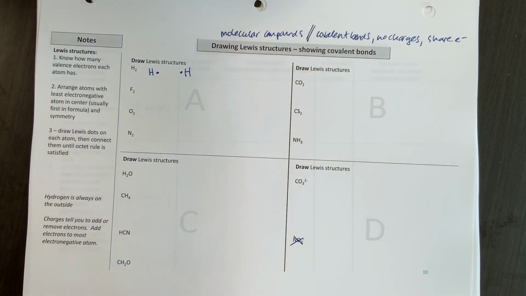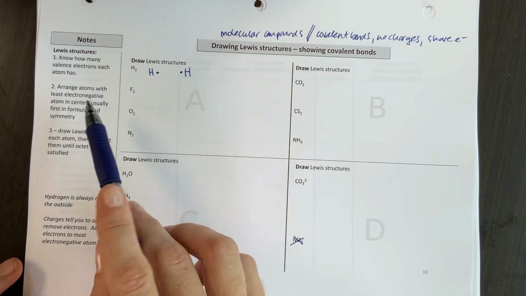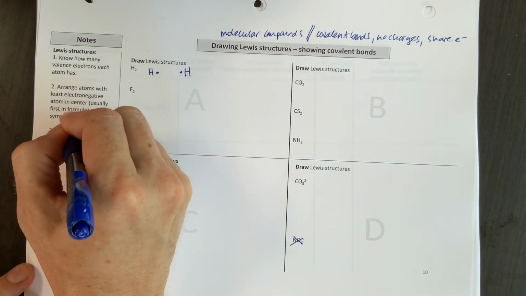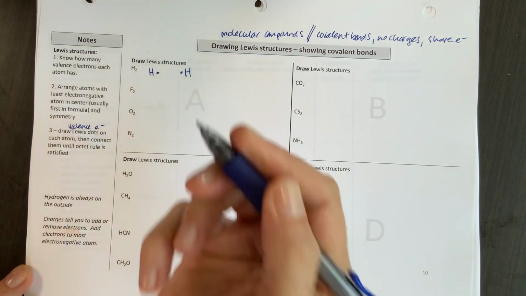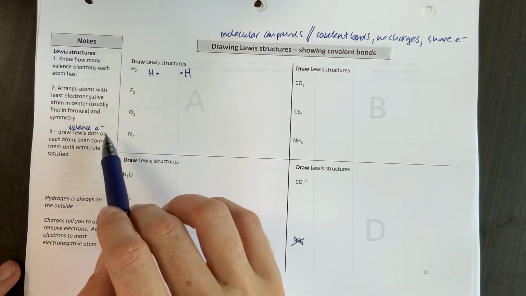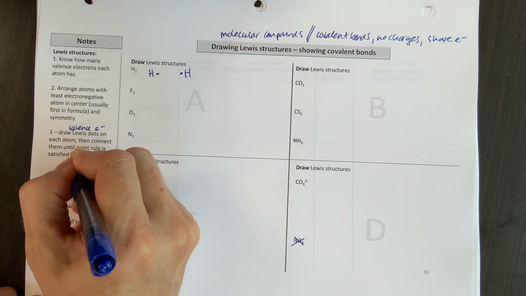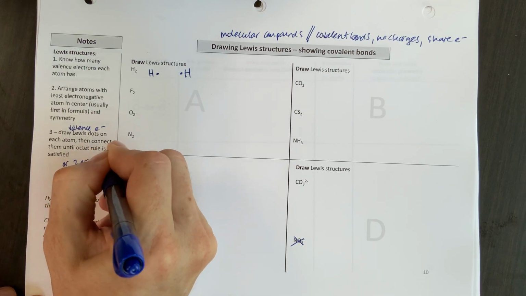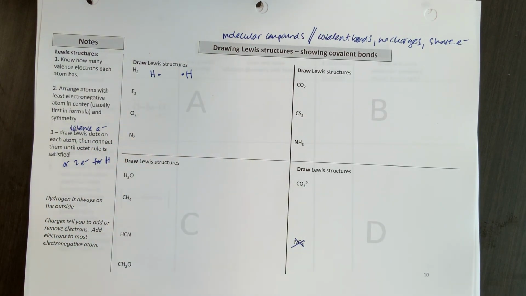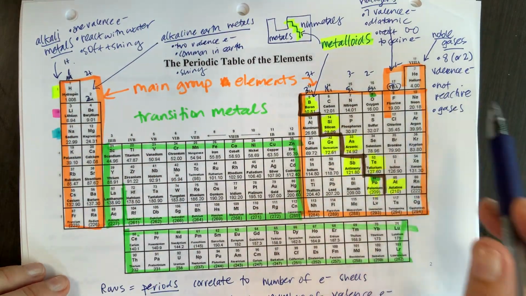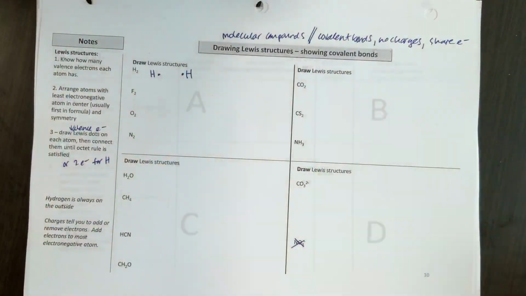It's going to be symmetrical or even anyways. Then I want to draw Lewis dots on each atom. And remember, those Lewis dots represent your valence electrons. And then you're going to connect them until you get the octet rule, or 2 electrons for hydrogen, because hydrogen, if you remember, only needs 2 electrons to have helium's electron arrangement.